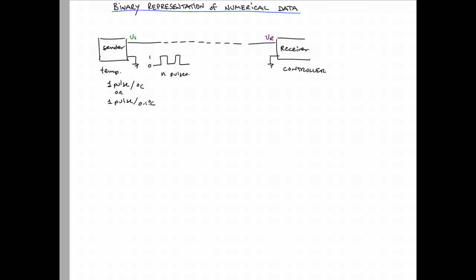And we want to consider now how efficient this is and if there's a better way to do this. So clearly, you probably are already anticipating that this is not a very efficient way to count, because if we were sending some data that had to have a value of, say, 100,000, we'd have to put out 100,000 pulses.